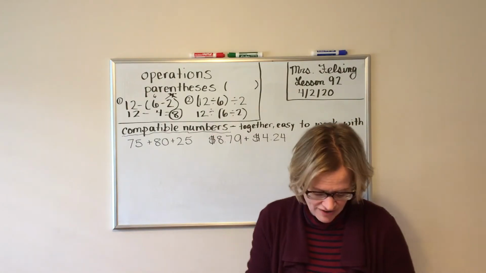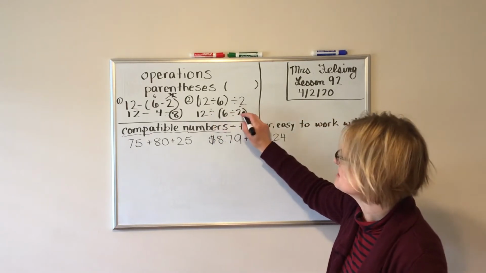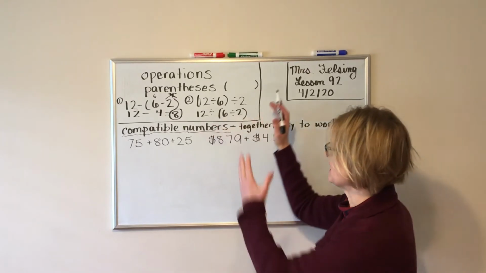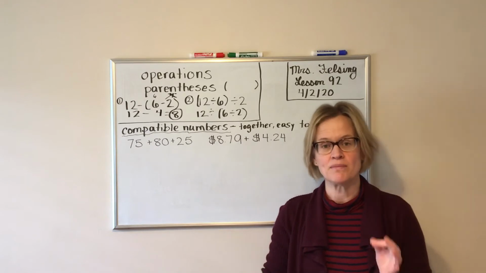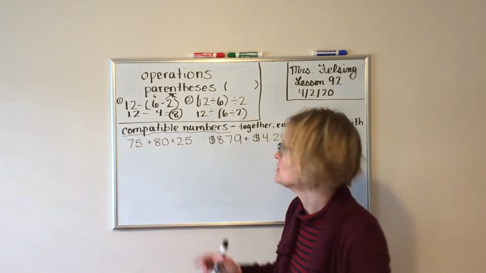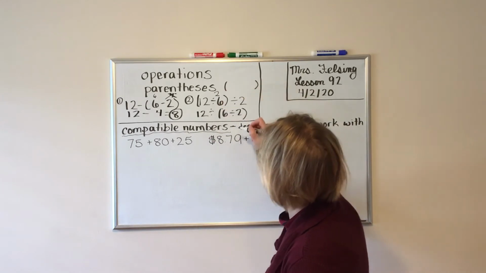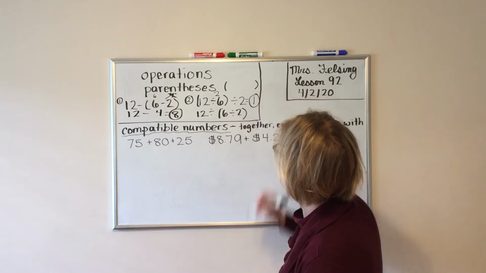Example 2 on page 500 says, which is greater? The parentheses 12 divided by 6 divided by 2, or 12 divided by, in parentheses, 6 divided by 2. Well, remember, parentheses first. So let's take a look. 12 divided by 6 is 2. 2 divided by 2 is 1.